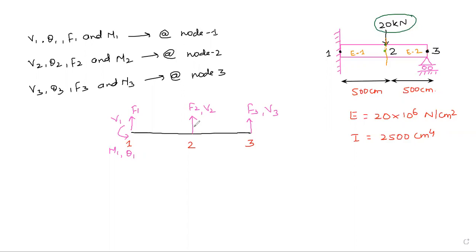Here we have to take a moment, that is M2, and the slope is theta 2. Similarly, at this point also, let us take the moment as M3 and slope is theta 3. This is the representation of the given problem, you can say free body diagram. Whatever the unknowns are there, we have represented that on this beam.